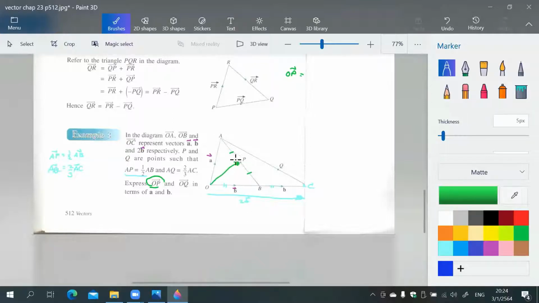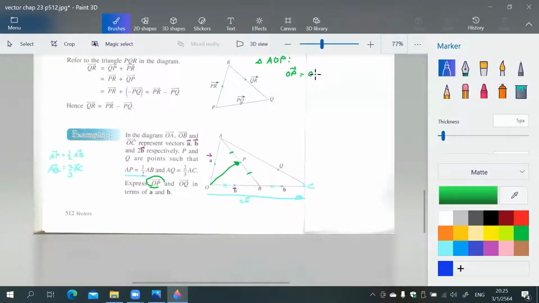We can use either of these two triangles. If we use the top one, triangle AOP, then OP equals OA plus AP.